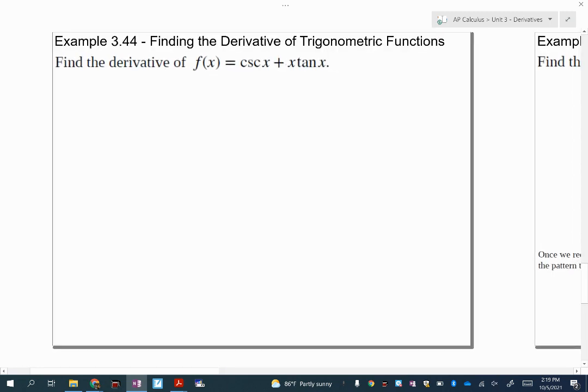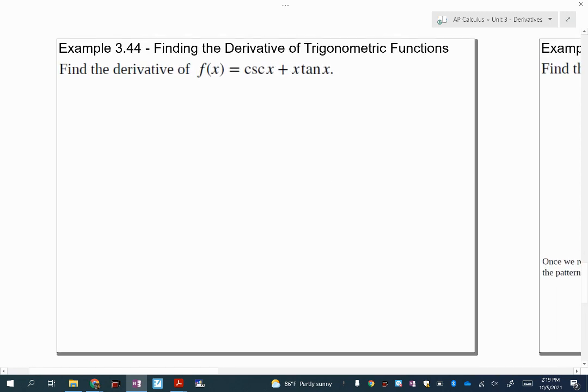All right, let's find the derivative of this function. Again, we're kind of just doing a variation on the same theme where we're going to be having the sum rule and then using the product rule within that. But what makes it a little trickier is the fact that we have some trig functions. So f prime of x is d dx of this whole thing, cosecant x plus x times tangent of x.